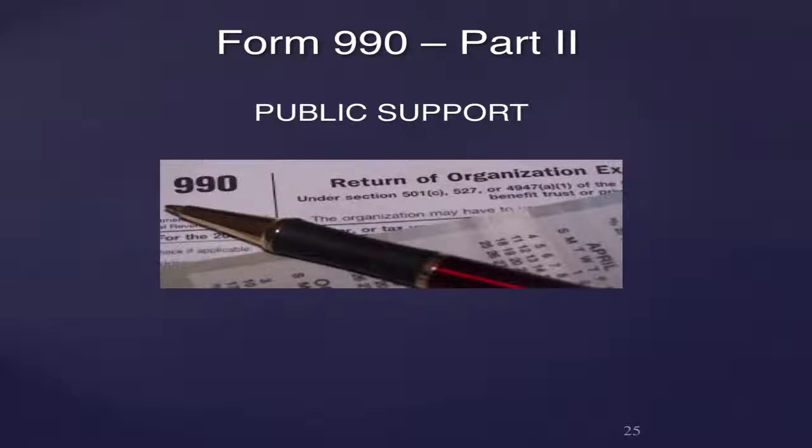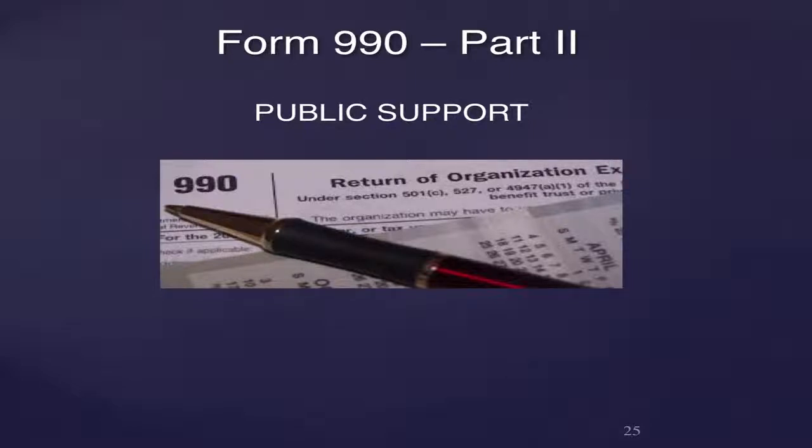This is part 2 of 2 discussed here. So we'll move down to part 2, which is on page 2, support schedule for organizations described in these sections. You are to complete part 2 only if you checked the box on line 5, 7, or 8 in part 1. And we, in this example, checked box 7.